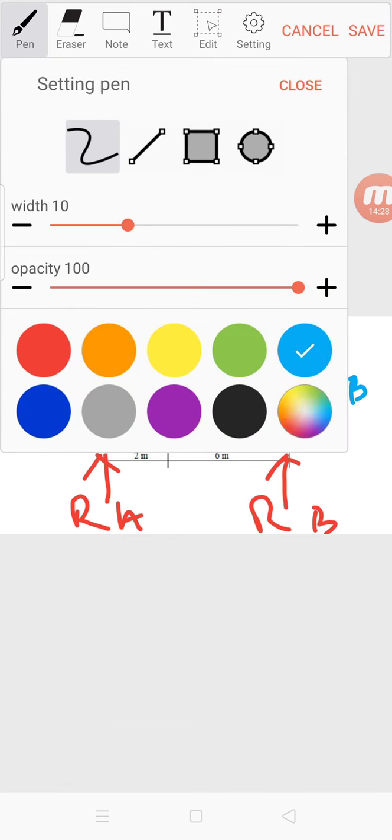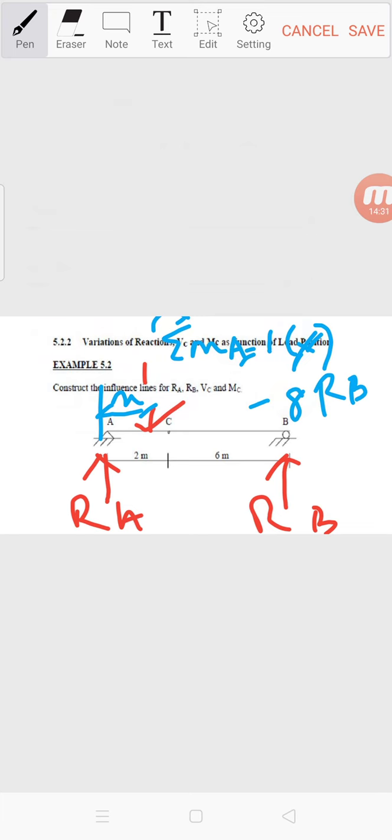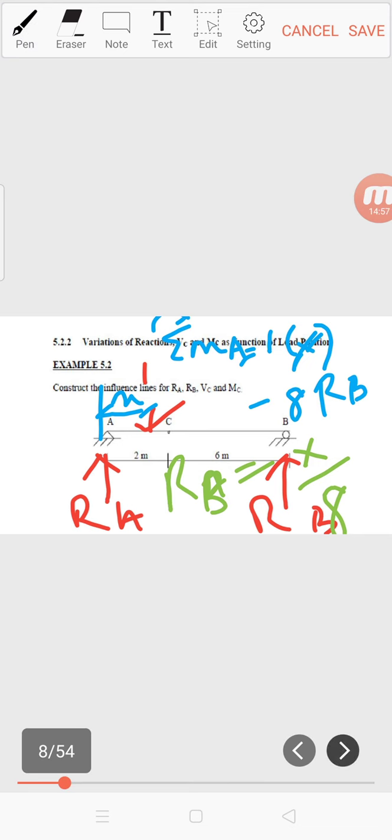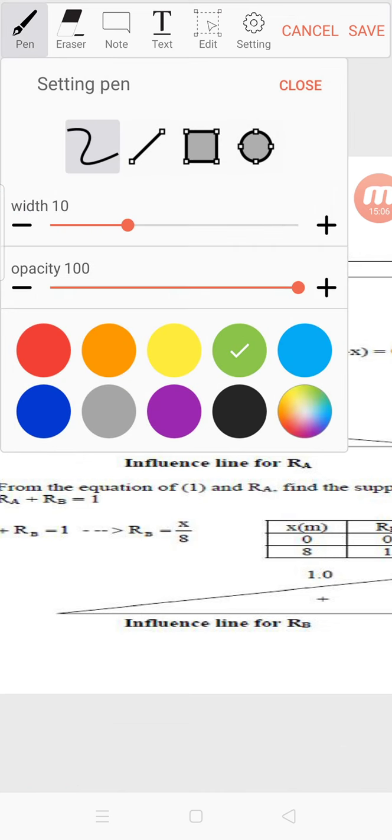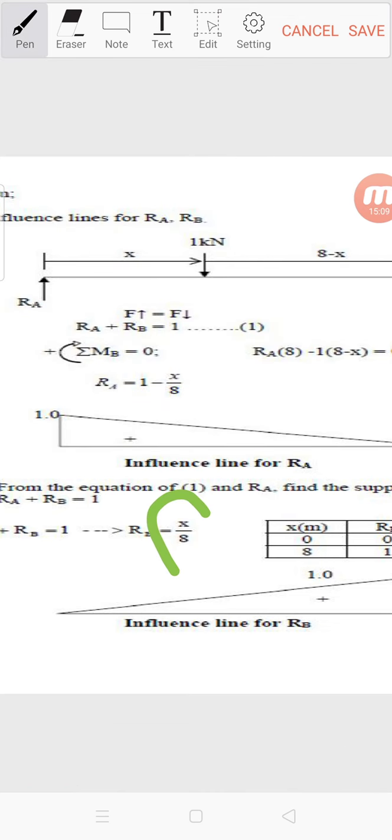Therefore, RB is x over 8. Okay, so we have RB x over 8 here.